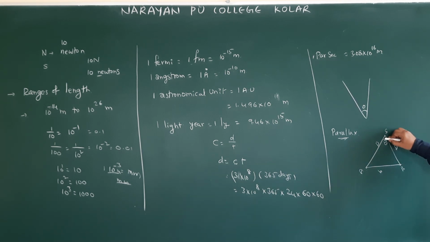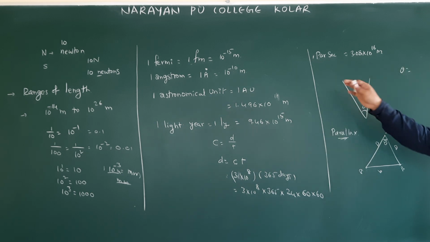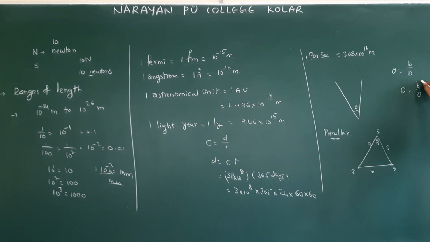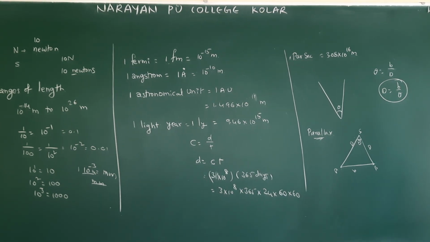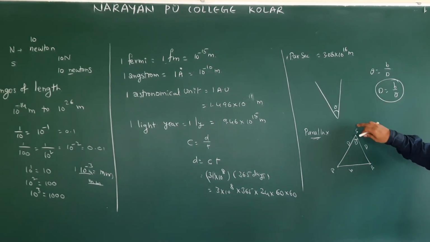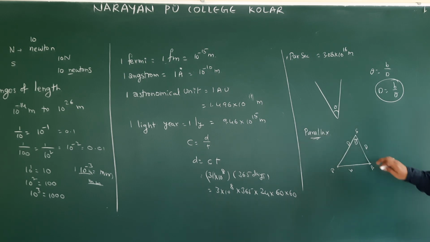Theta is arc length by radius, so D is equal to b by theta. This capital D is the distance of the planet from the surface of the Earth.